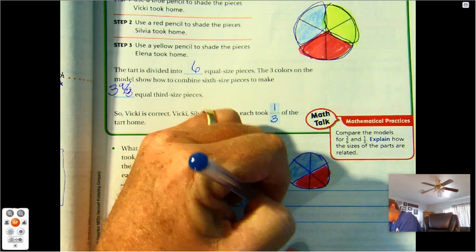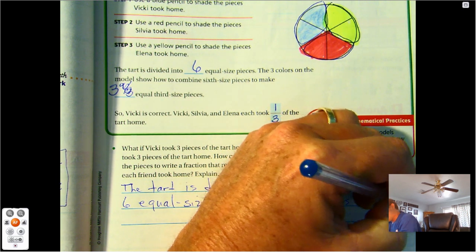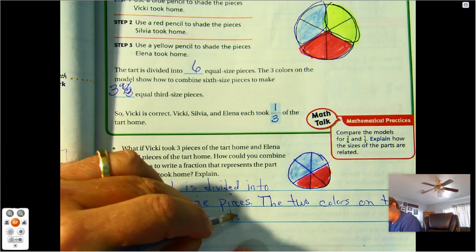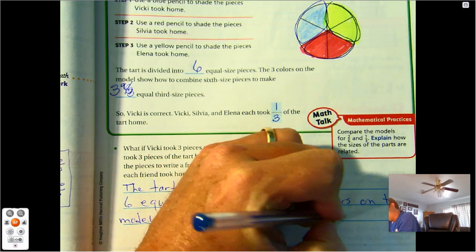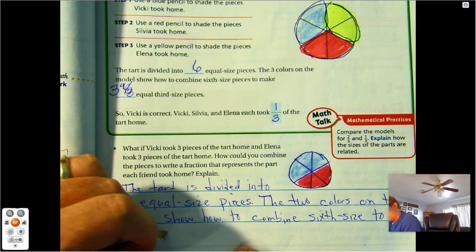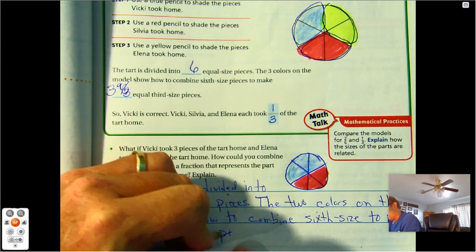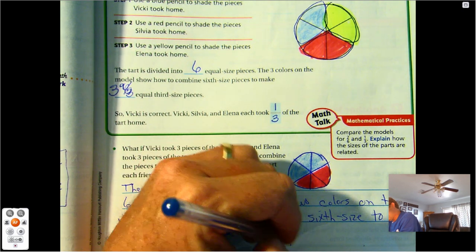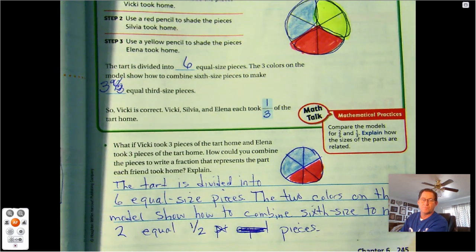The 2 colors on the model show. So the tart's still divided into 6 pieces.